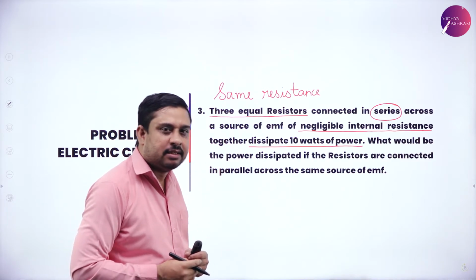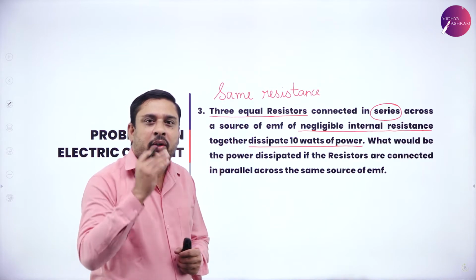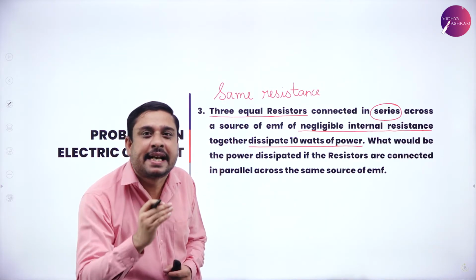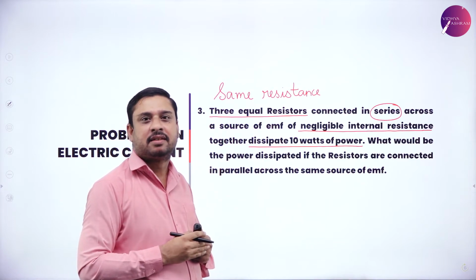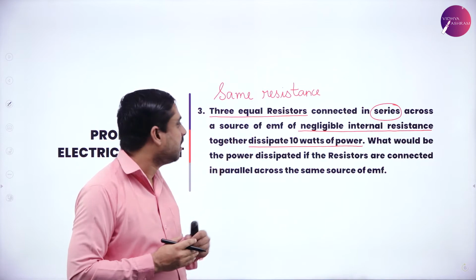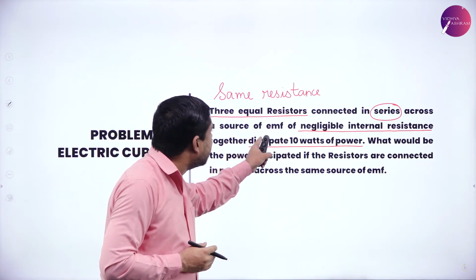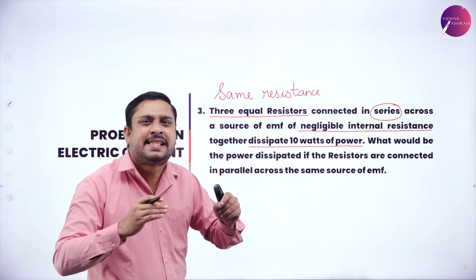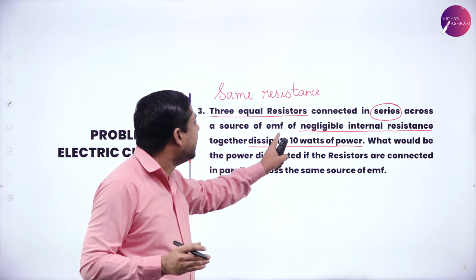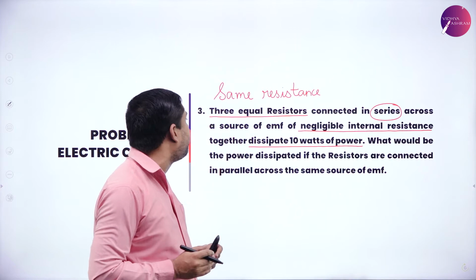When 3 equal resistors are connected in series, they are dissipating 10 watts of power.